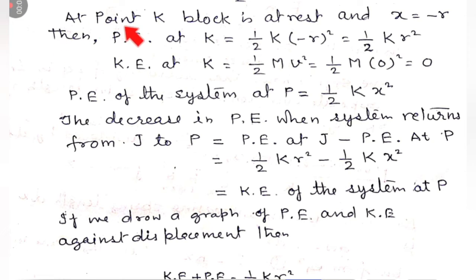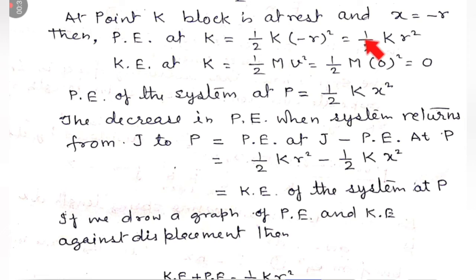At point K, the block is at rest and x is equal to minus r. Then potential energy at K is equal to half k times (minus r) square.